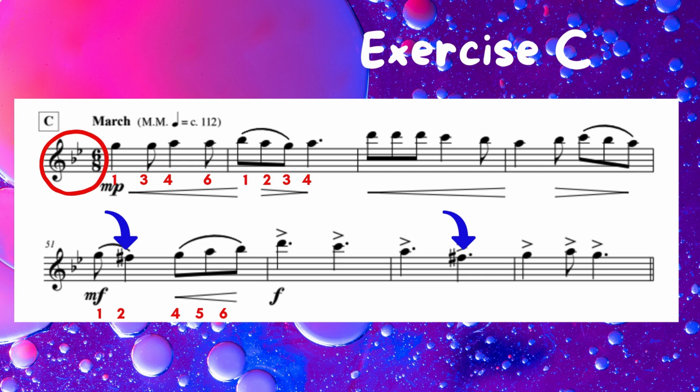Also note that in this song we have some sharps, flats, or accidentals that are not located in the key signature. I like to circle or star or somehow mark on my music that those are significant. Those accidentals only apply to that measure.